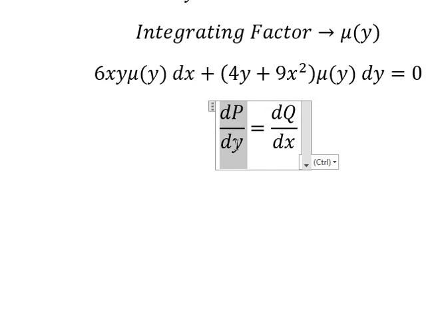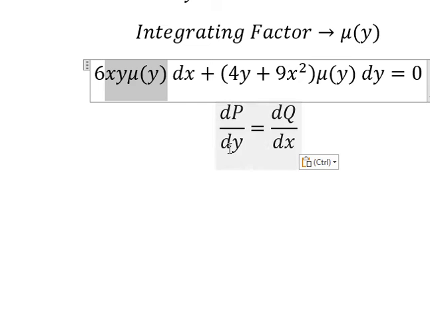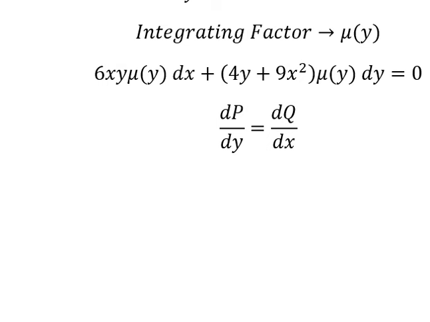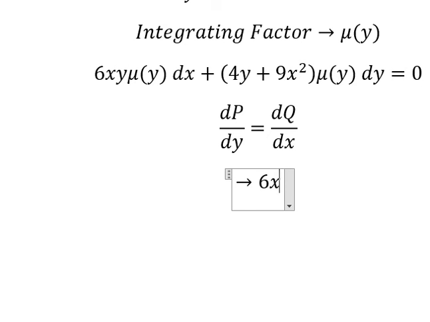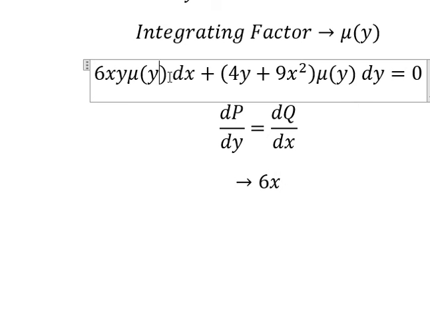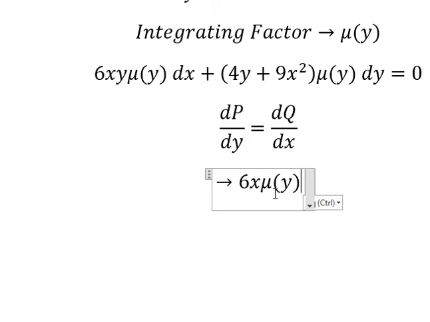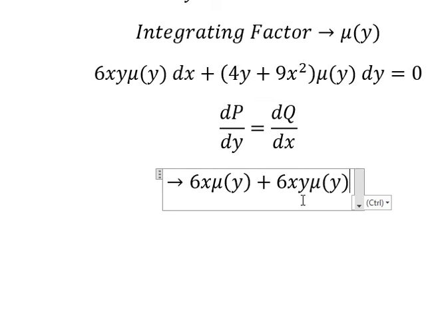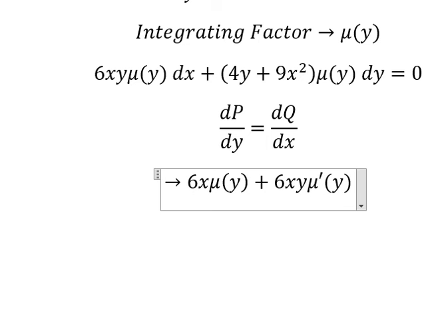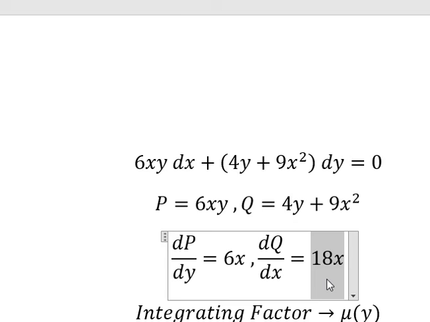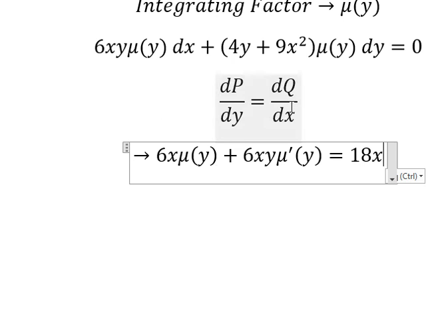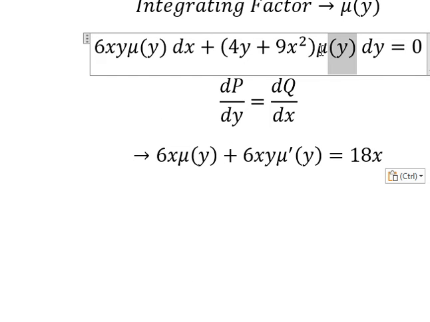Now, if we do the first derivative of P with respect to y, that should be like this. So we do the first derivative of y in here, and we have 6s with mu y. Later we do the first derivative of mu y, that should be like this. First derivative of this one we just have in here, and we have mu y in here.